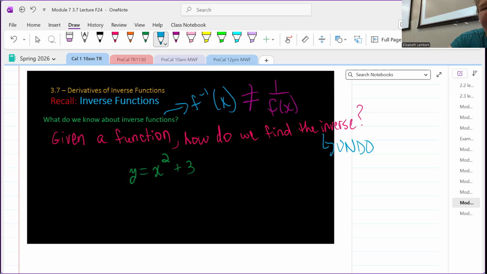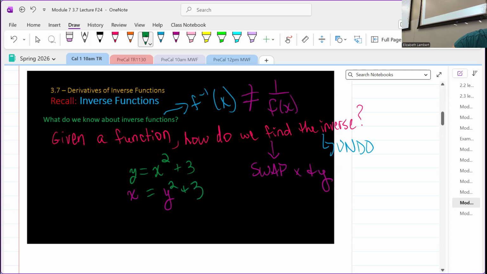Now, the algebraic process for finding the inverse is to swap the x and the y's, and then solve for y. So I'm going to minus my 3 first. So I have x minus 3 equals y squared. And then I square root.